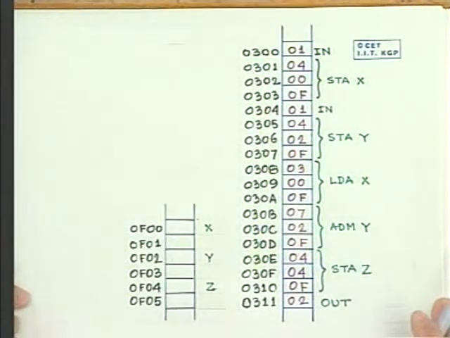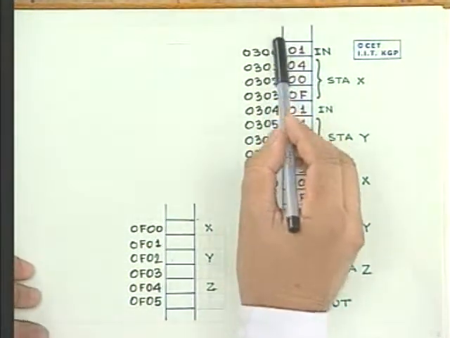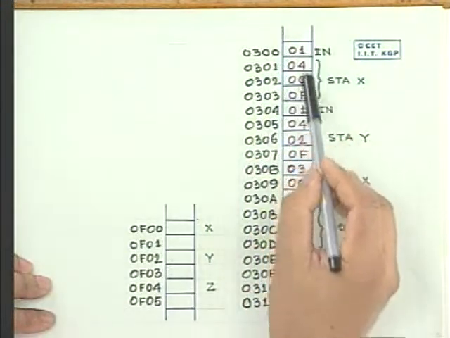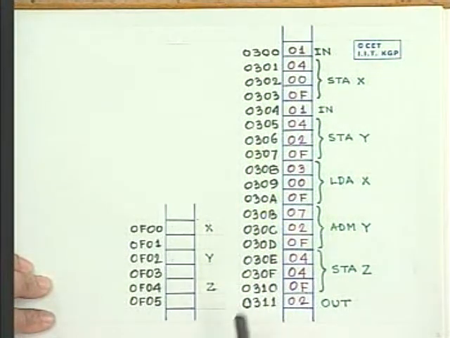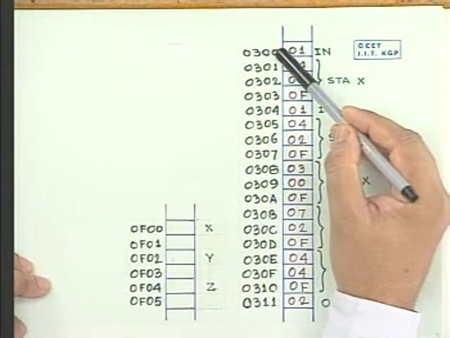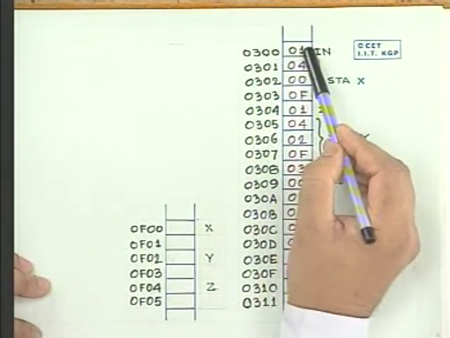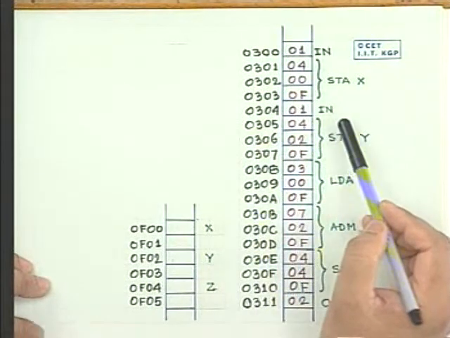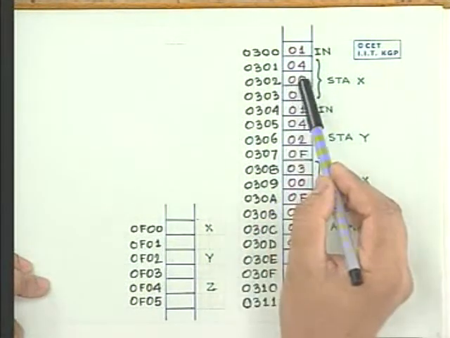Let me repeat once more that I have assumed this is a byte oriented memory. That means every byte has an address and every byte is addressable. Of course, if we want, we can fetch one word also.